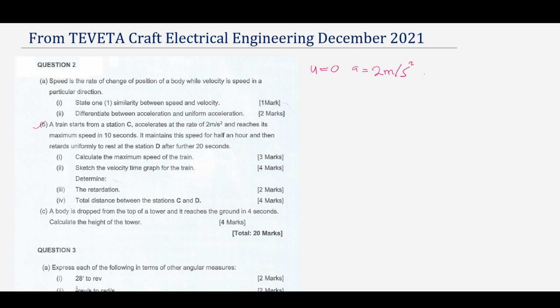Okay, so we have time, 10 seconds. So this is when the train reaches its maximum speed. So time, maximum speed. It maintains this speed for half an hour.